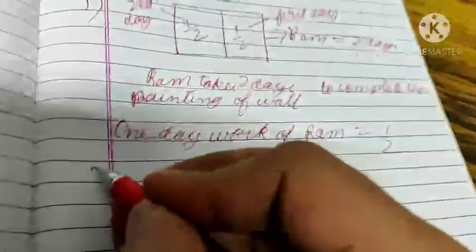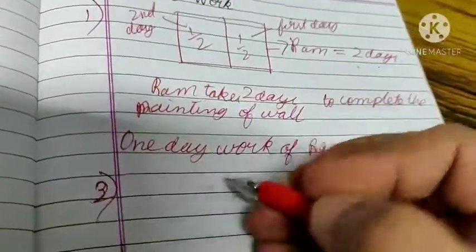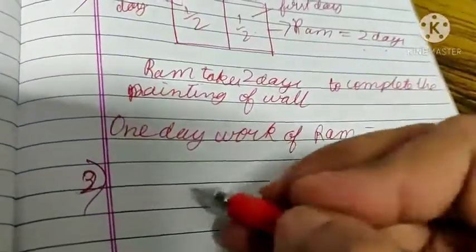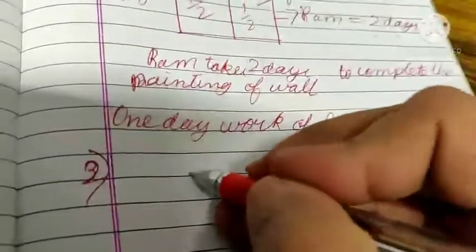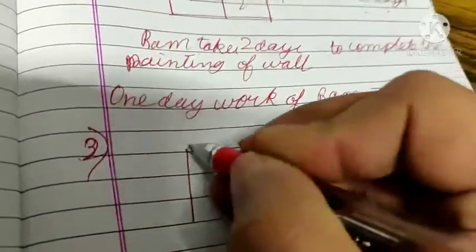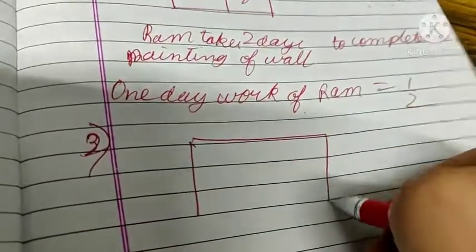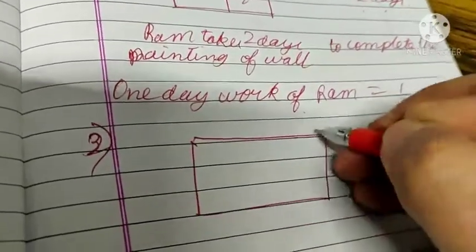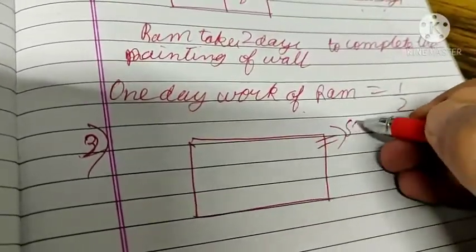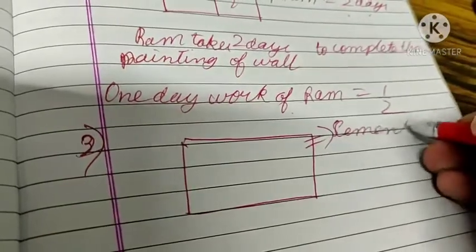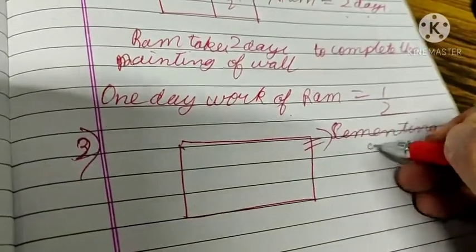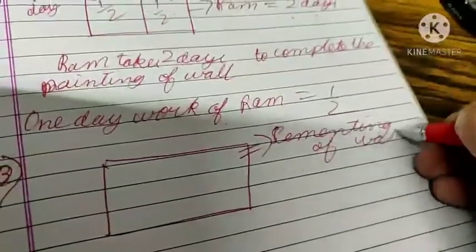If I take a second example, a wall is to be again constructed, or cemented. Cementing of the wall.